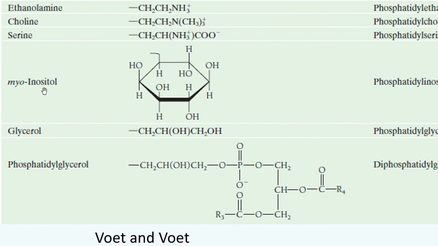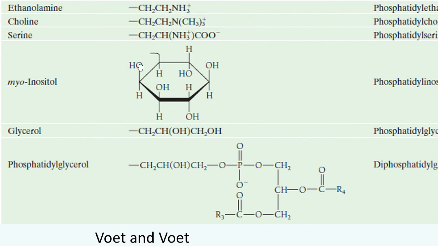The next one shown here is inositol. This is the structure of inositol represented here. You can remember inositol from the carbohydrate derivatives. Inositol is a product produced by the reduction of glucose. Inositol contains 6 carbons. It's a cyclohexane, and on each of the carbons, one hydroxyl group is attached.